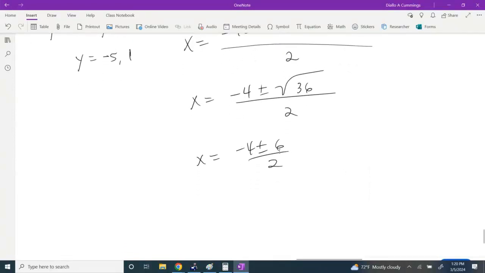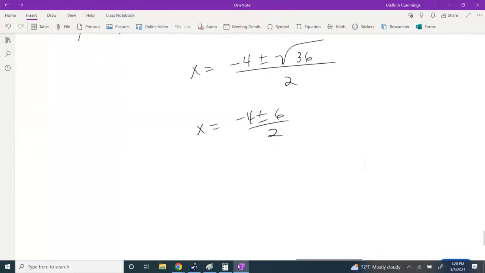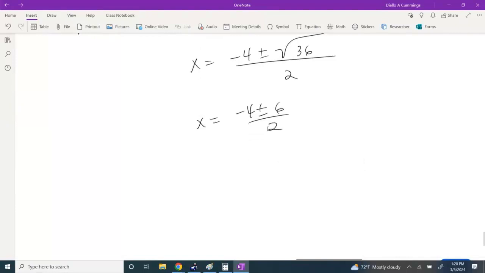So when I simplify this particular fraction, I want to use that divide by monomial rule, where it says that you should treat the denominator as a denominator of every term in the numerator.